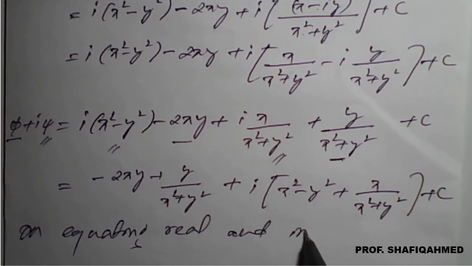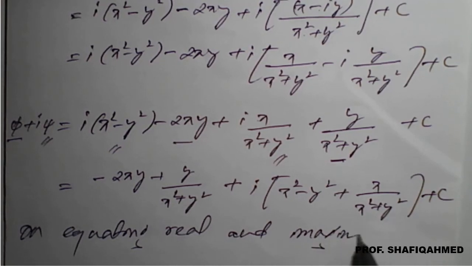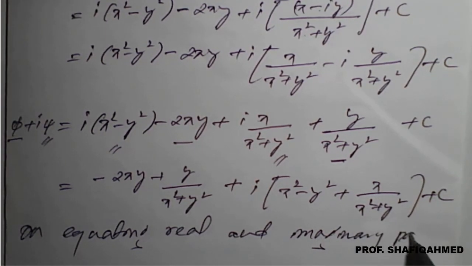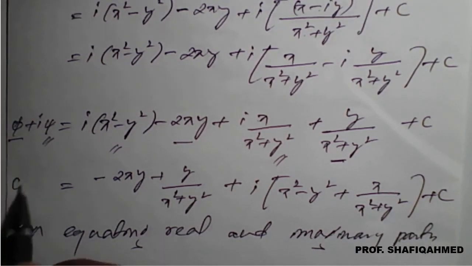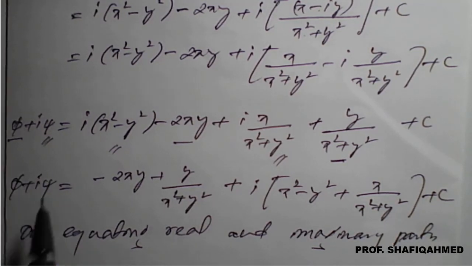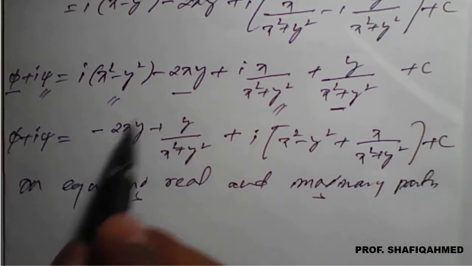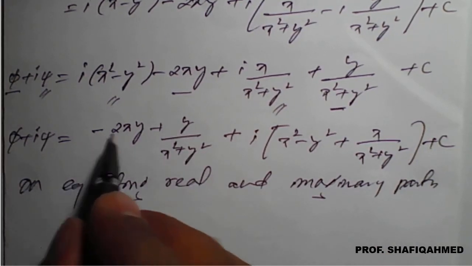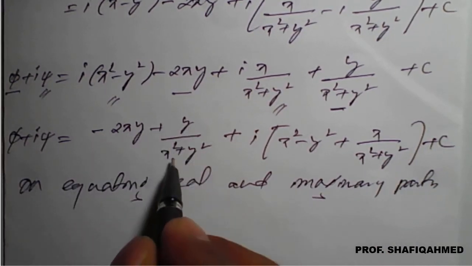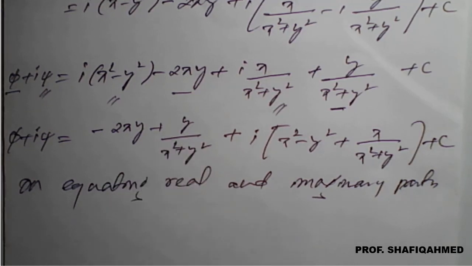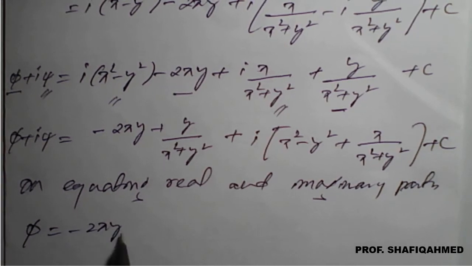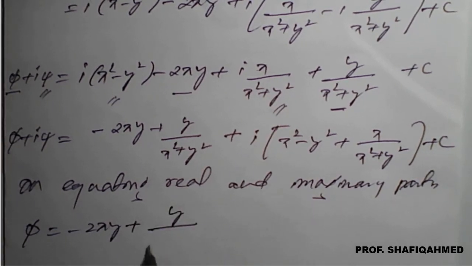real and imaginary parts, this is phi plus i times psi. So the real part, if you compare, phi is equal to the first term, that is minus 2xy plus y upon (x² + y²), because it is free from i. So phi is equal to minus 2xy plus y divided by (x² + y²).